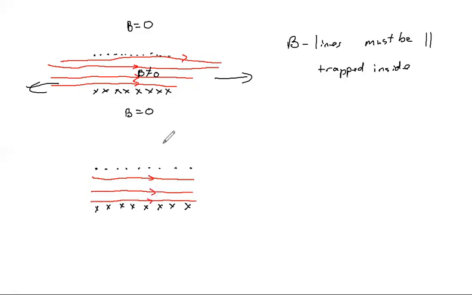And what I'm going to do is draw an Amperian loop, but rather than making it circular, because this has a nice rectangular sort of shape to it, I will make my Amperian loop a rectangle. And I'm going to let this rectangle have a length lowercase l, which is just a finite number.